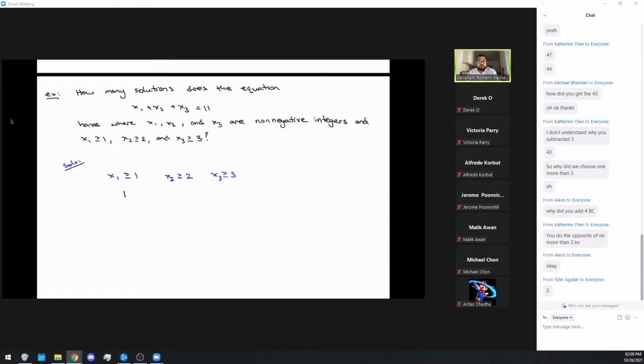X sub 2 is at least 2, so initially it should start at 2. And then x sub 3 is at least 3, so I'm going to start it at 3. Greater than or equal to, sorry.